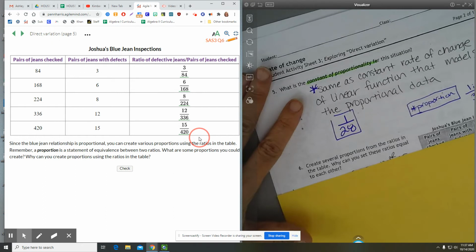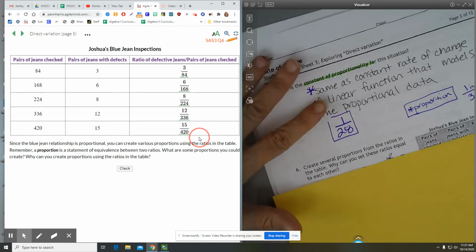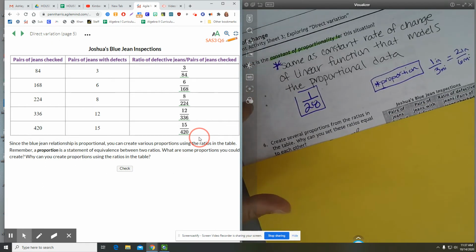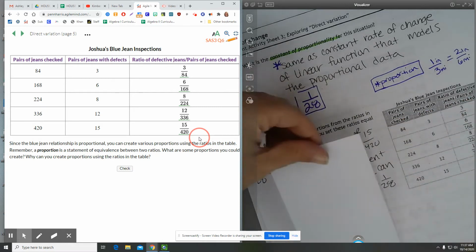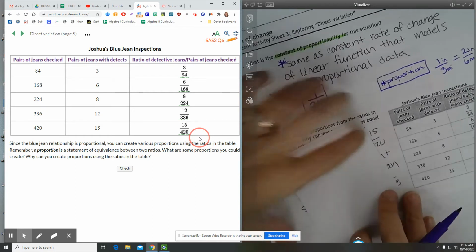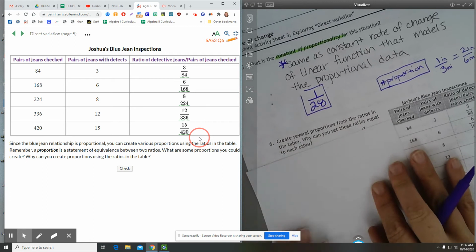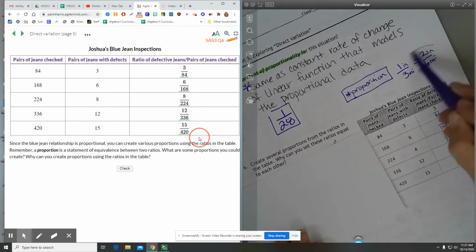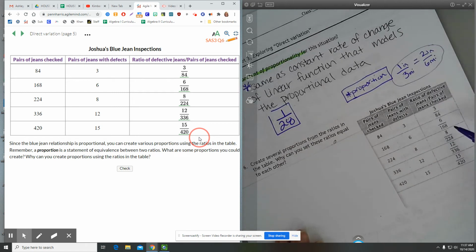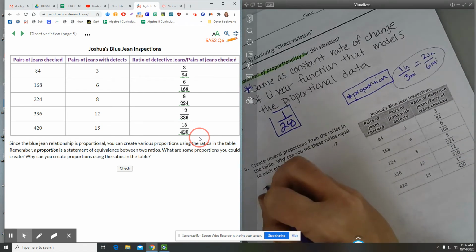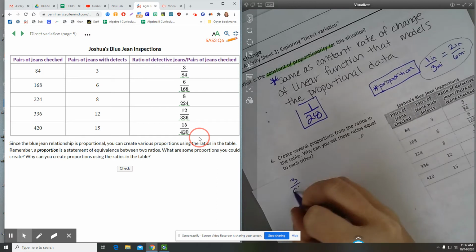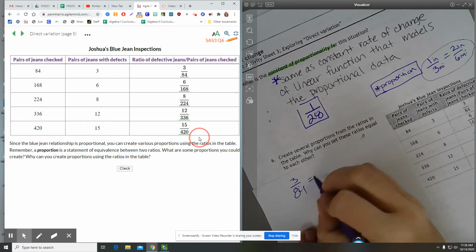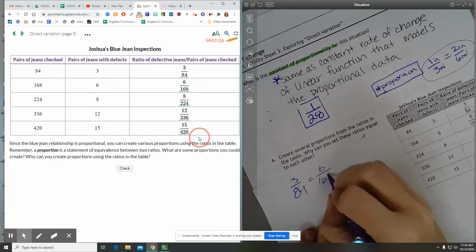Okay, so they want us to create some proportions here. And I don't like what I have on my paper, so I'm going to put this here and we're going to write over it. Okay, looking at these, guys, I told you this is an example of a proportion. So what can I write here? I could say 3 over 84 equals 6 over 168.